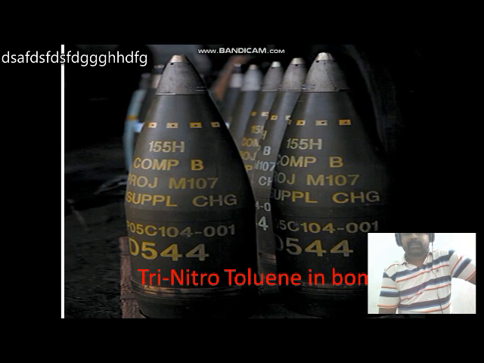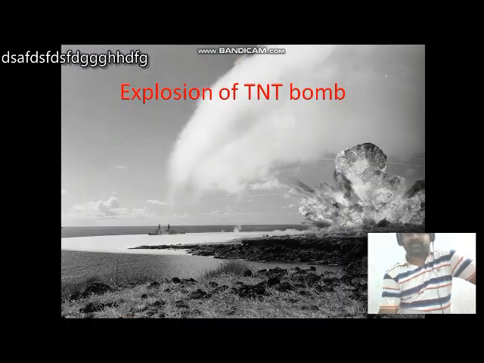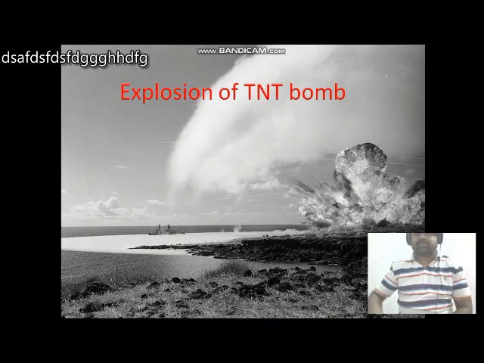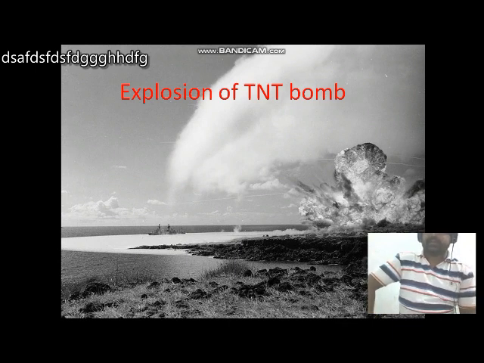They drop that trinitrotoluene on the surface of the earth, inside the water, or in the air, anywhere. At that time it causes an explosion. Once you see a TNT bomb explosion, it is very dangerous. This TNT bomb is made by using nitric acid.